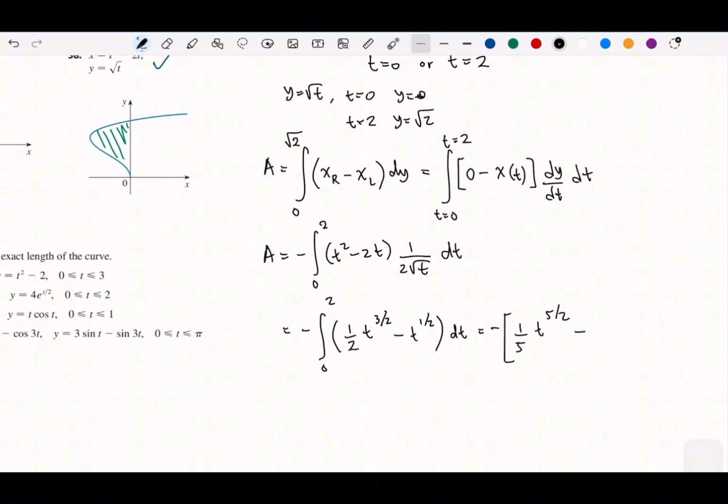Minus 2 over 3, t 3 over 2. Okay. If you have a problem within the calculation, let me know. This is just a normal integration. And then put everything inside, but I'm too lazy to work on this. You can use calculator if you want.